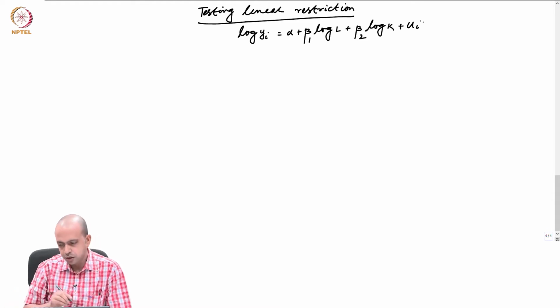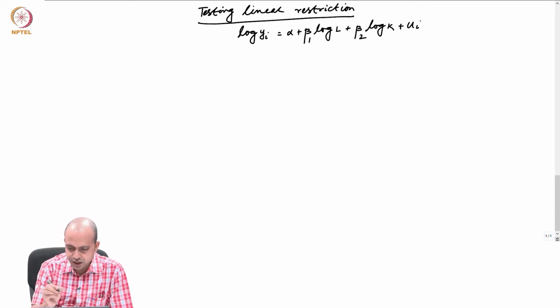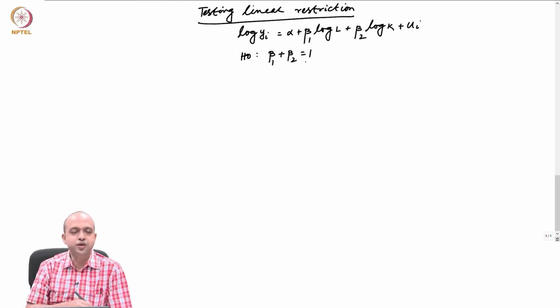This is the production function that we are hypothesizing, and we are testing linear restriction. Basically, let us say our null is beta 1 plus beta 2 equals 1. Let us say this is our null.